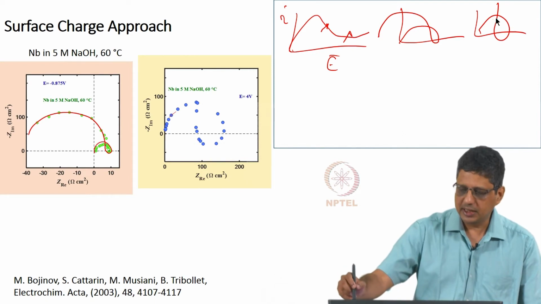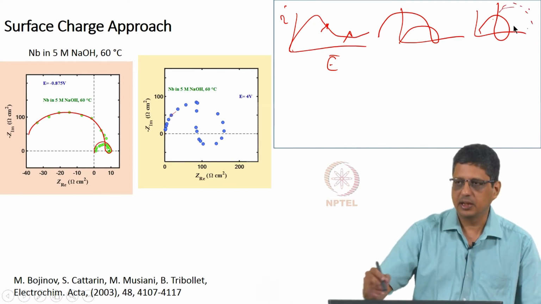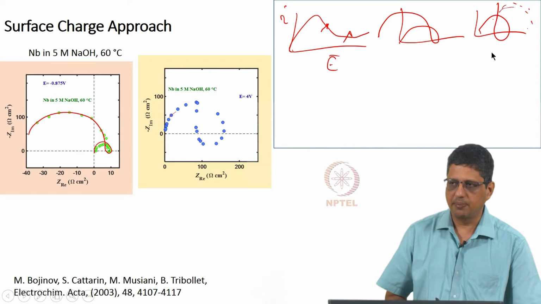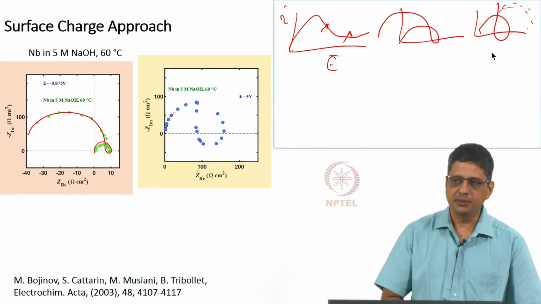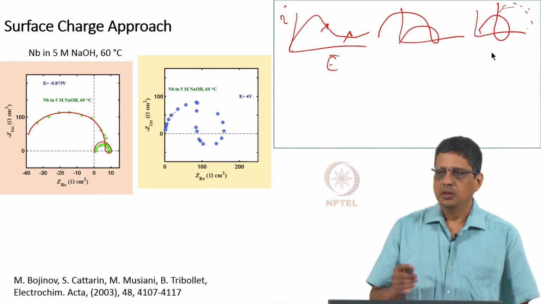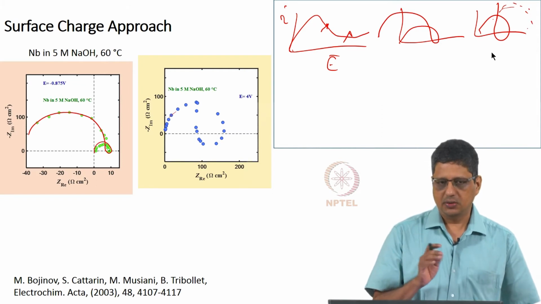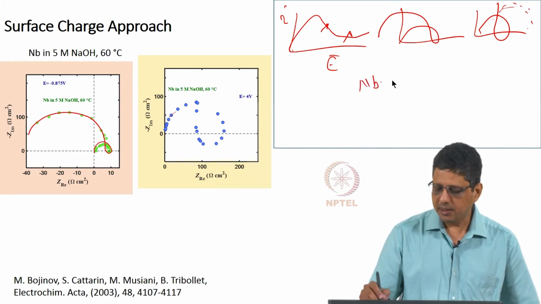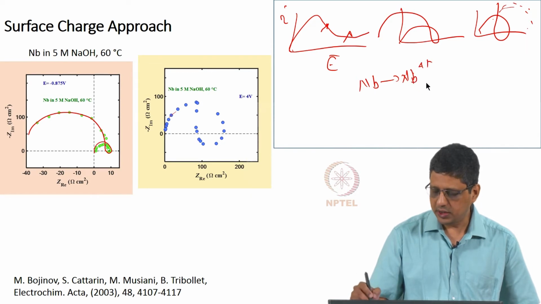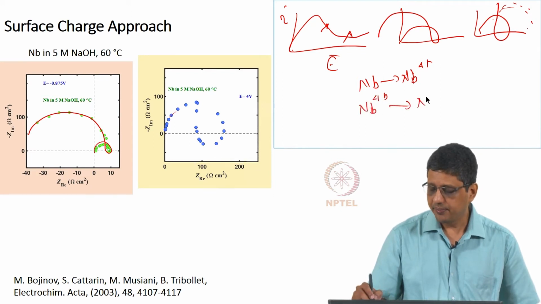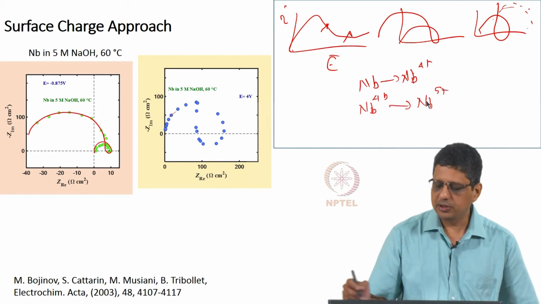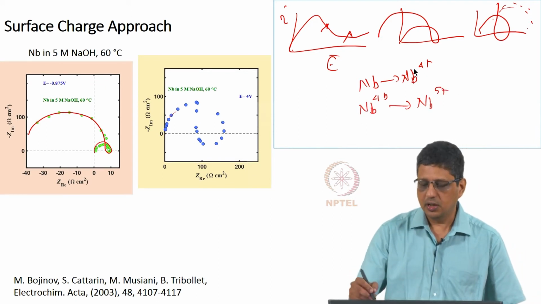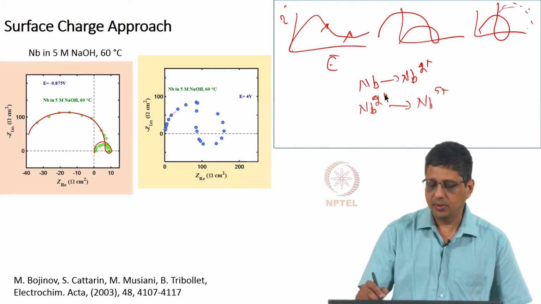Of course, in some examples it actually goes here and then settles, but they are modeling only the part where it goes up. It is possible to model this also, a fairly complex expression accounting for niobium becoming, I think niobium 4 plus or 2 plus, I do not remember now, in the lattice. I am sorry, not nickel, niobium, and then 5 plus going into solution, 4 plus going into solution, or it could be 2 plus.